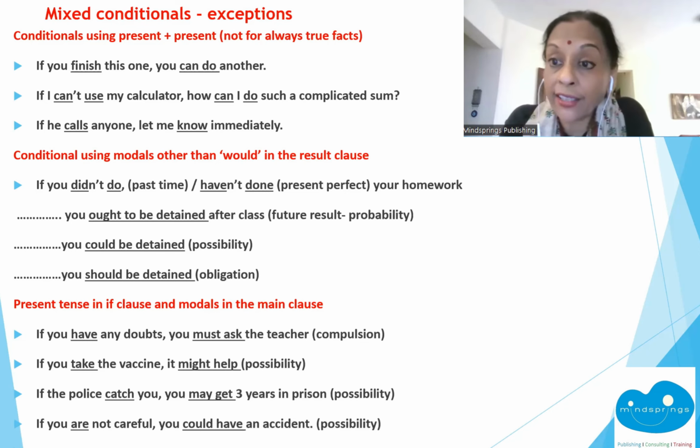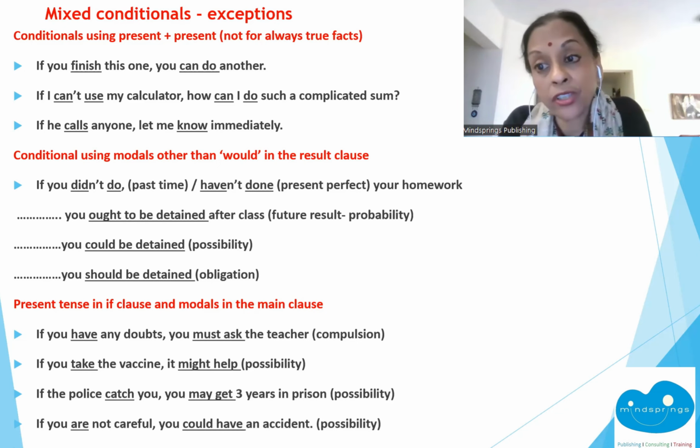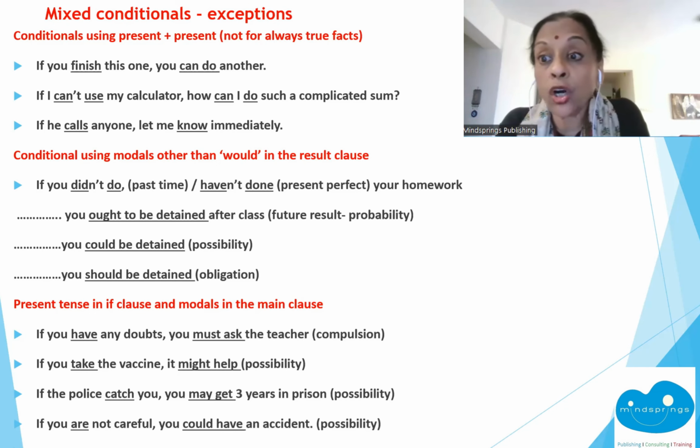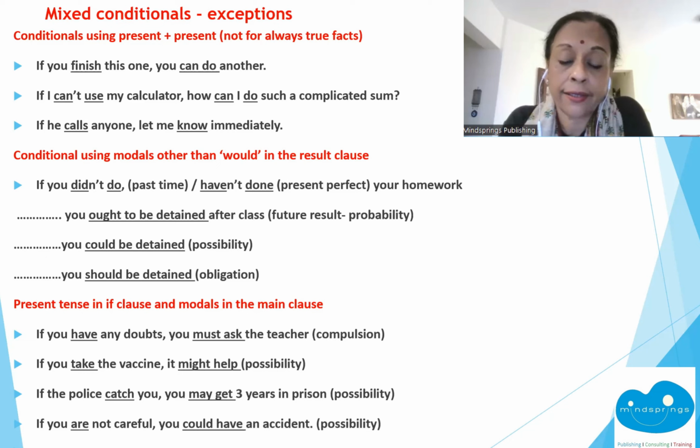If the police catch you, present tense, not you will get, which would have been first conditional, but you may get. Possibility, may get, we are not sure. If you are not careful, you could have an accident, again possibility.